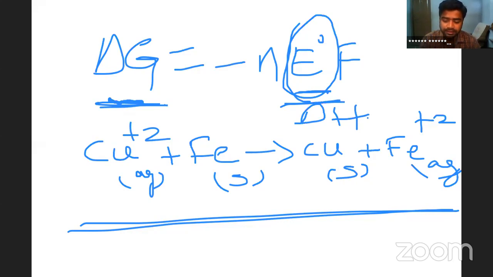Kiran. Yes, sir. Out of this copper and iron, copper is less reactive.